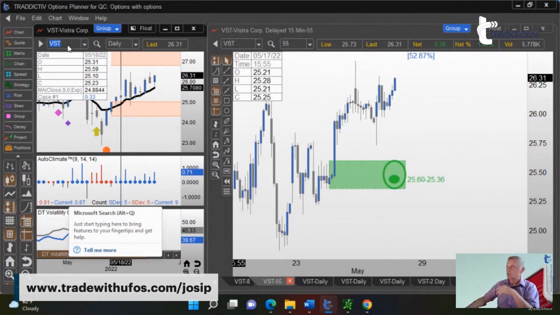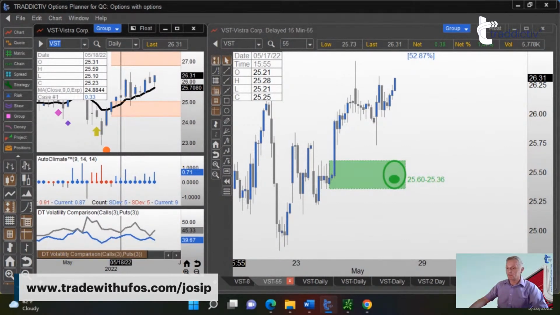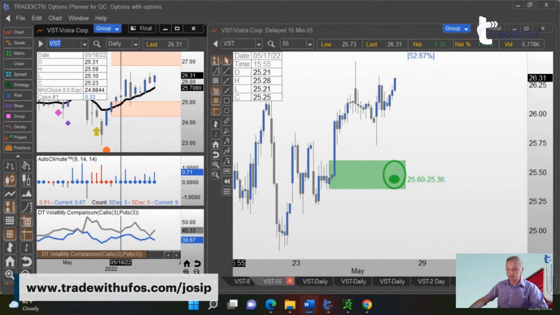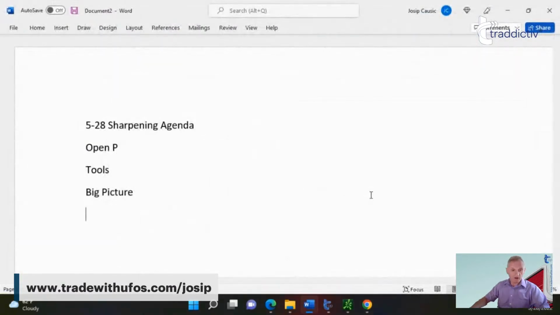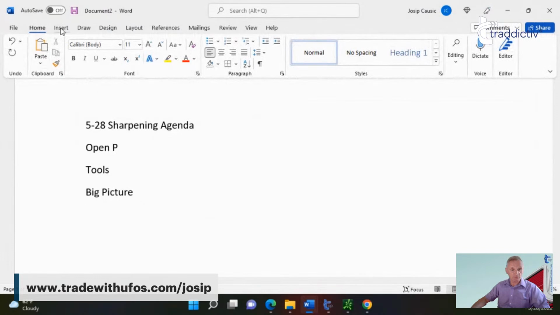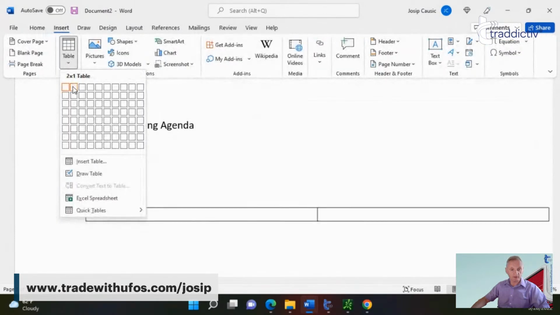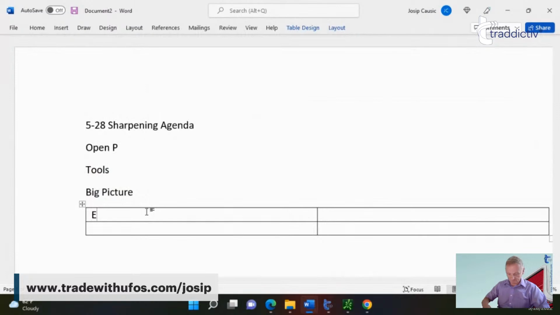So when VST was at $25.30, I'm going to type that in here. So our entry versus now. Now we're at 26.30. At the close, the market is closed, so it has moved $1 away from our entry.